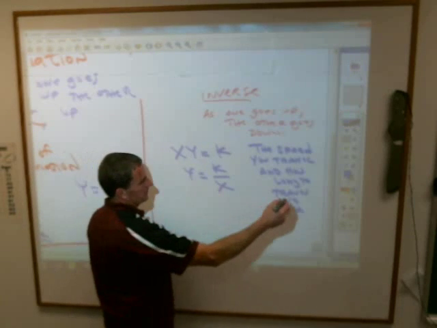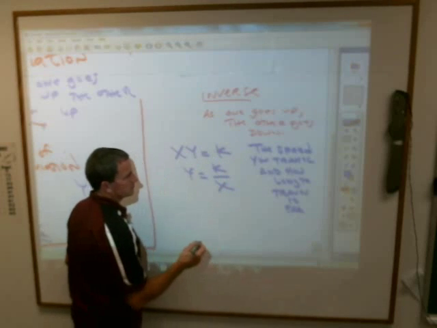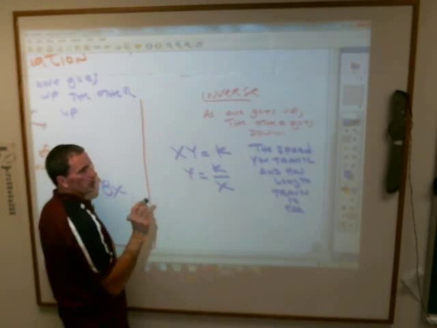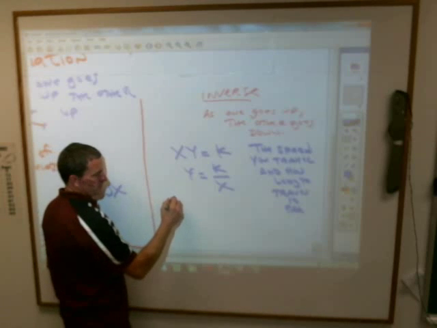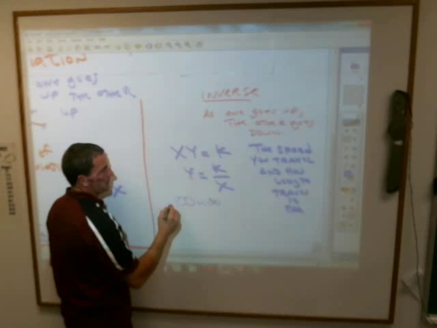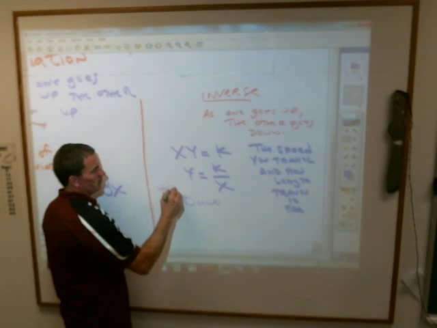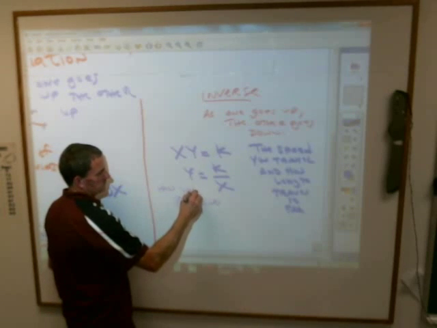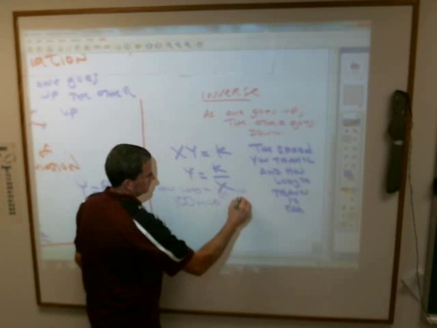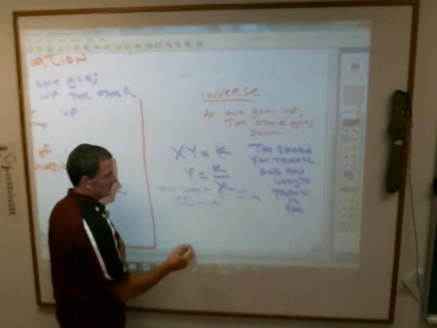And the book will say it like this. Let's say you need to go 100 miles. How long will it take you to go 100 miles? Well, let's make a table here.